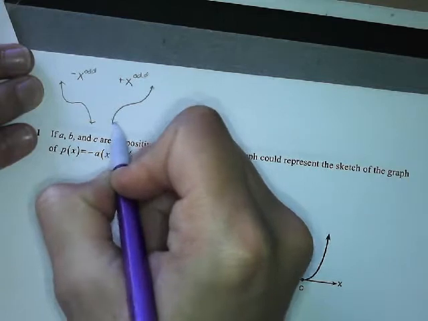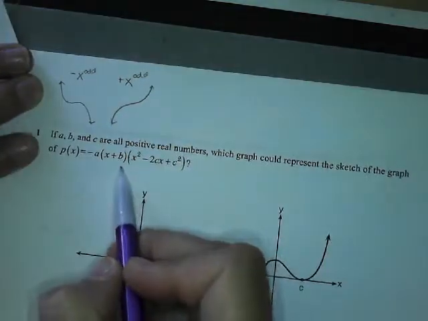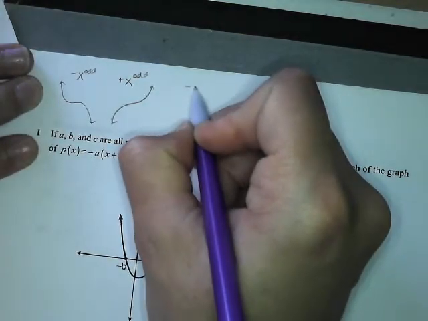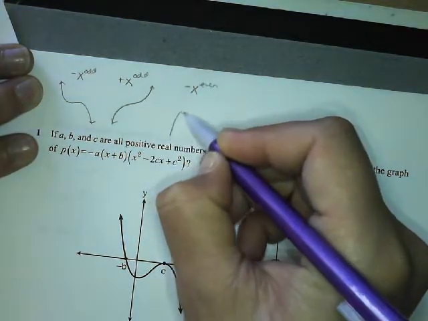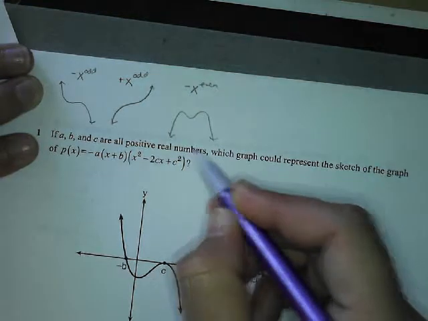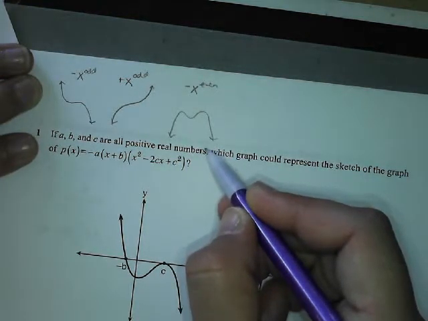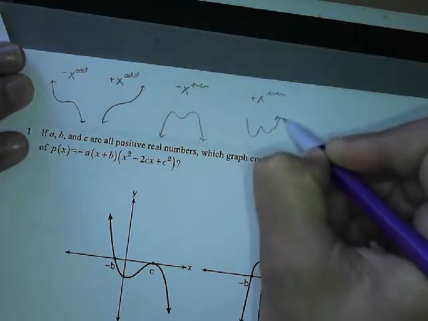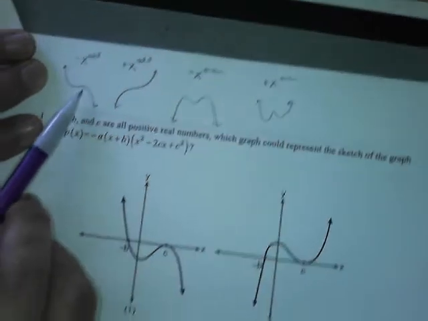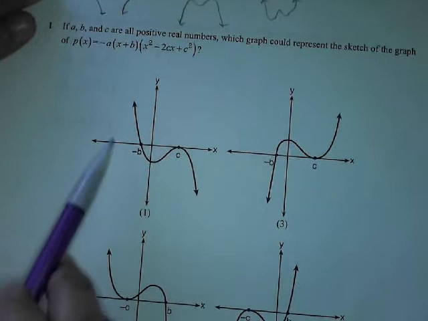And I'll just do the even ones: negative x to the even, same end behavior, but like a quadratic, opens down if it's negative a, and if it's a positive x to an even power, it opens up. So this being odd and being negative means it needs to start high and end low. So it's between 1 and 2.